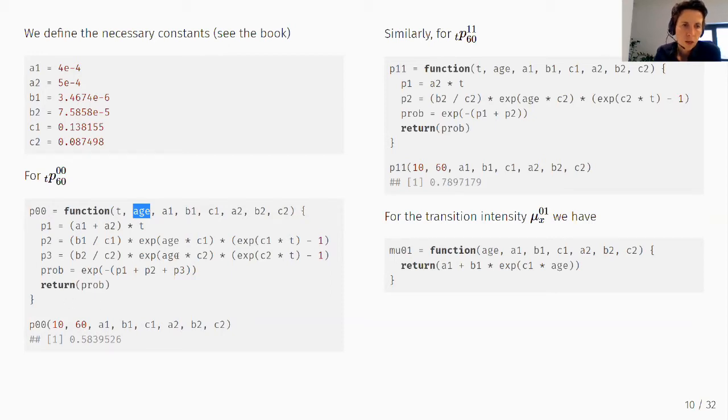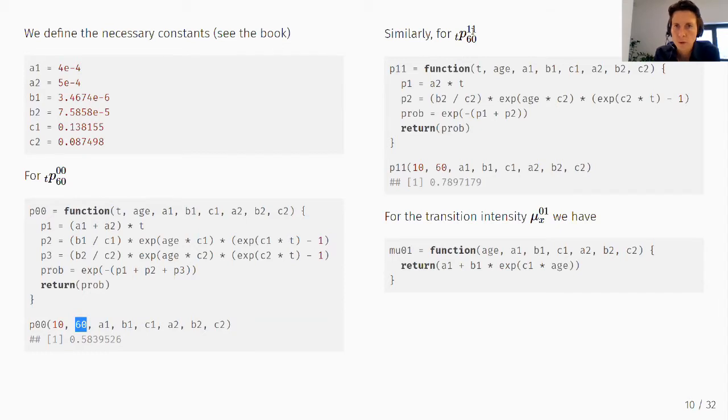What this function does is nothing but the implementation of the integral that I calculated manually on the previous sheet. If I call this function and I say, okay, give me the 10-year probability of staying in the healthy state for a 60-year-old and for the given values of my constants, then I get a probability of 58%, which is exactly what you will also see in the book if you would compare these values.